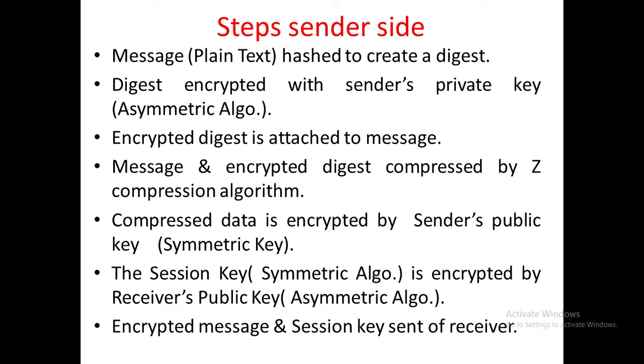We have these steps at the sender side. What will happen? The message we normally consider as plain text. Here we have used a hash algorithm, and that hash algorithm will create the digest. Once we create the digest, we encrypt the digest by using the sender's private key.